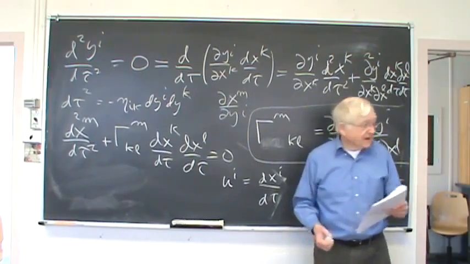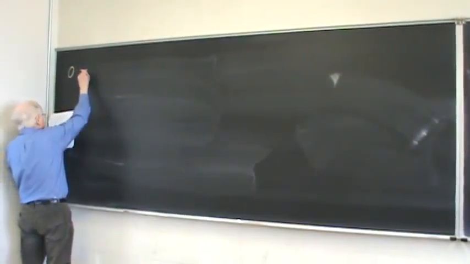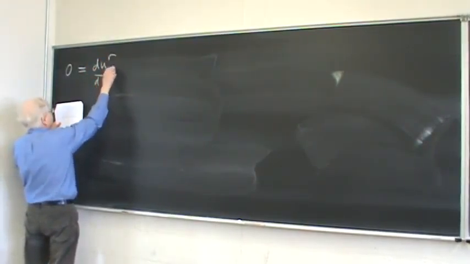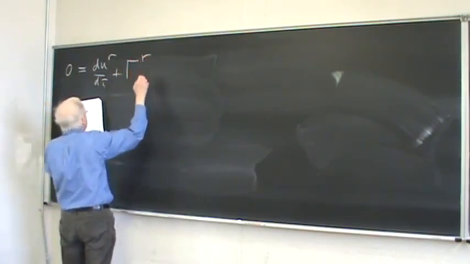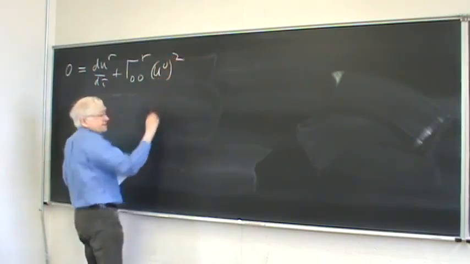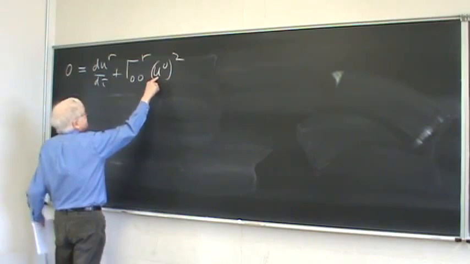All right, so let's go back to this blackboard and see what our equation becomes. It's 0 is d u^r/dtau plus gamma^r_00 u0 squared. Remember, the u's are just dx^mu/dtau is u^mu, or dxi/dtau is ui. So we've gone to that point, and this guy is essentially c squared.